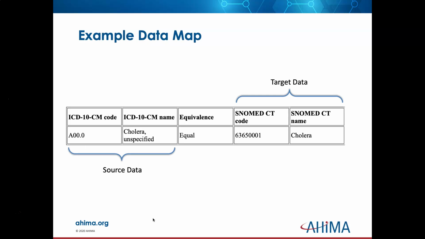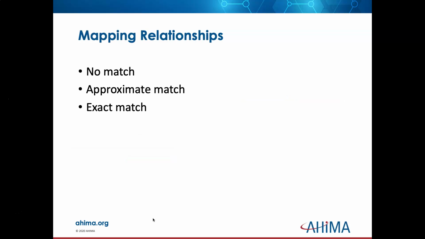And so this is an example of coding information. This is a data map between ICD-10-CM and SNOMED. There are mapping relationships. You can have no match, an approximate match, and an exact match. And think about your master patient index.